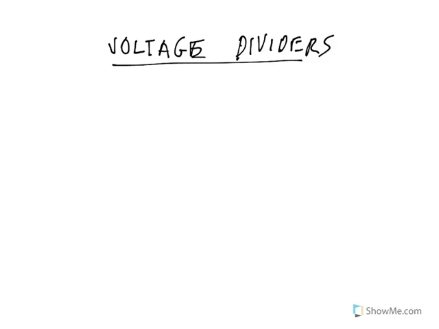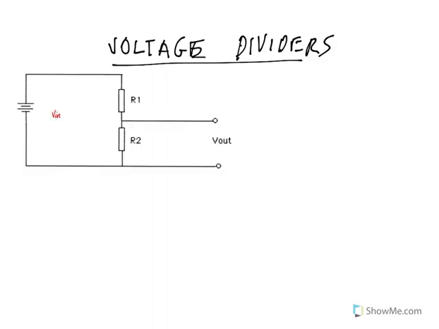Alright, now voltage dividers are very common in today's electronics. So essentially they look like this. We might have some voltage coming in, V in, and that's more than what we need. V out is over here, so we take it across.